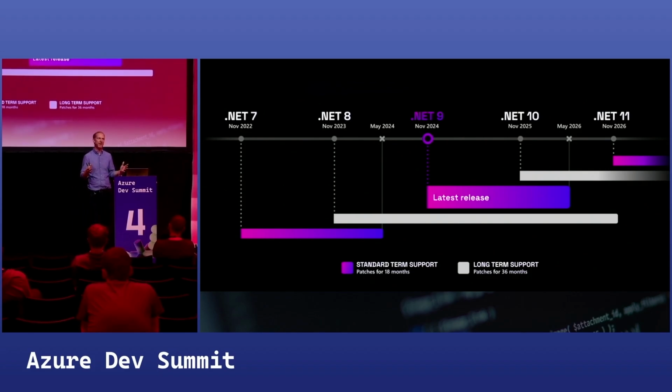Now, I get that upgrading is a little bit of a costly process. You need developers, and you also need to test your application. So I get that everyone can't just upgrade out of the box. But try to. We're currently on .NET 9, which is C# 13, and they come together. In November this year, we're going to get .NET 10 and C# 14. So I do encourage you to try and upgrade to that as soon as you can.